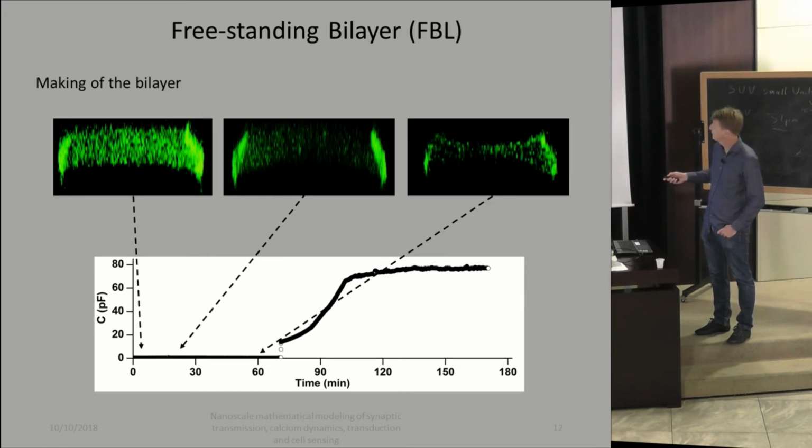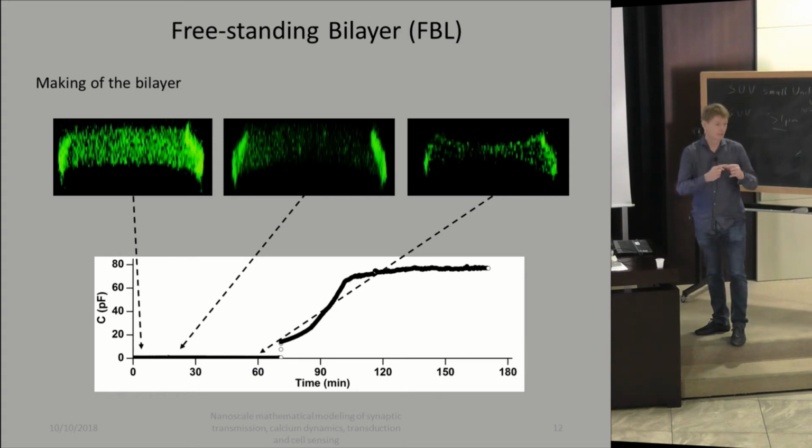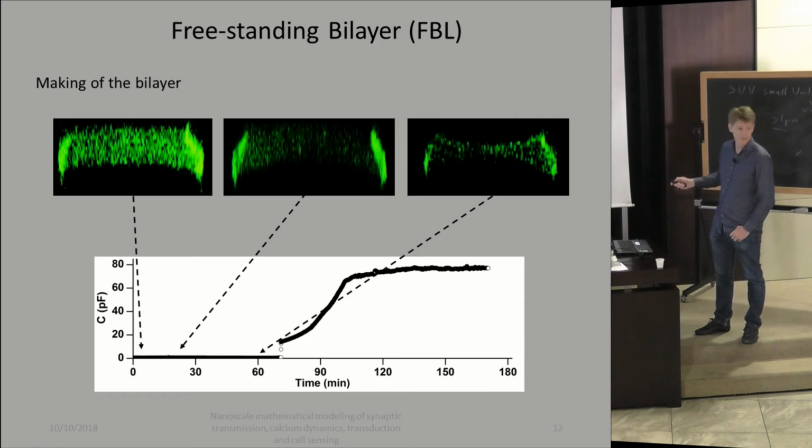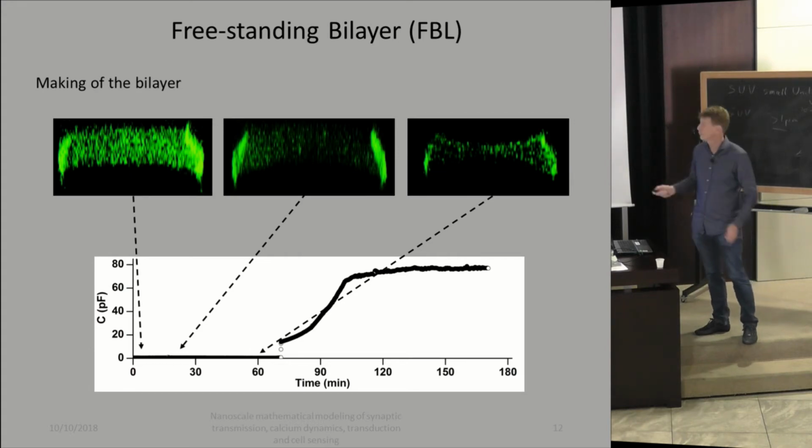PDMS absorbs it, and slowly it decreases in thickness until it becomes very, very thin. So if you measure the capacitance during that time, it takes about an hour to absorb the whole droplet. If you take picture at this level, it's very thick, and after 20 minutes it's thinner, and then after an hour, it's almost in contact, the two sides.